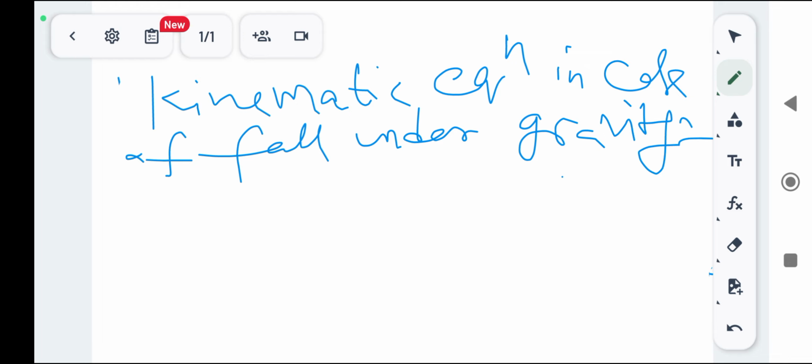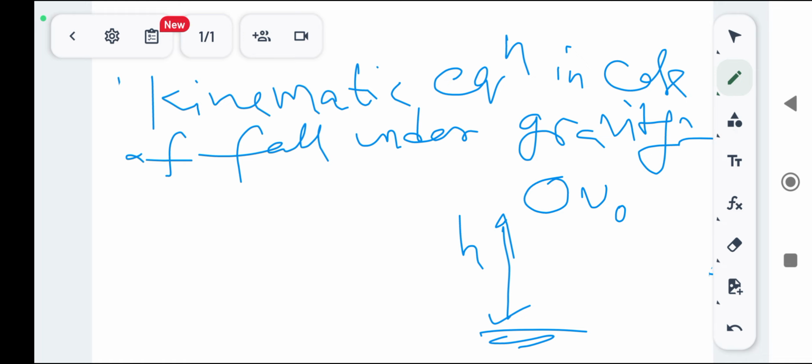Fall under gravity: when object is dropped towards earth from a height h. Suppose here initial velocity is v0, then what is the acceleration? Under gravity, when object is falling from a height h, then acceleration acting on the object is acceleration of gravity. Then acceleration is equal to g.